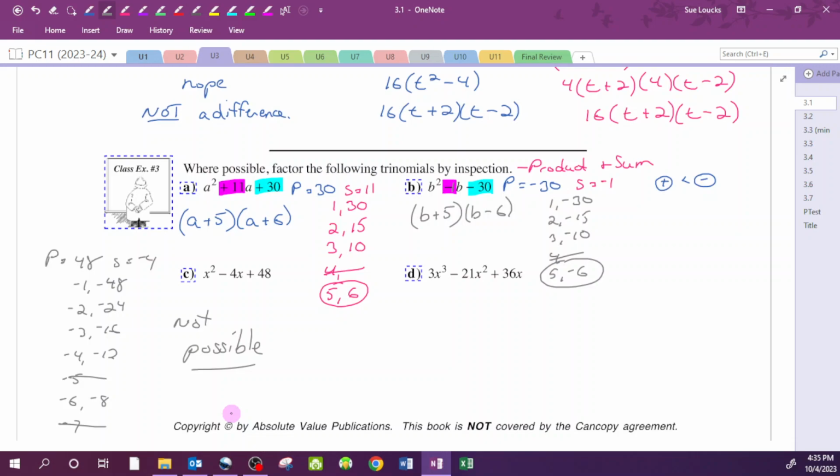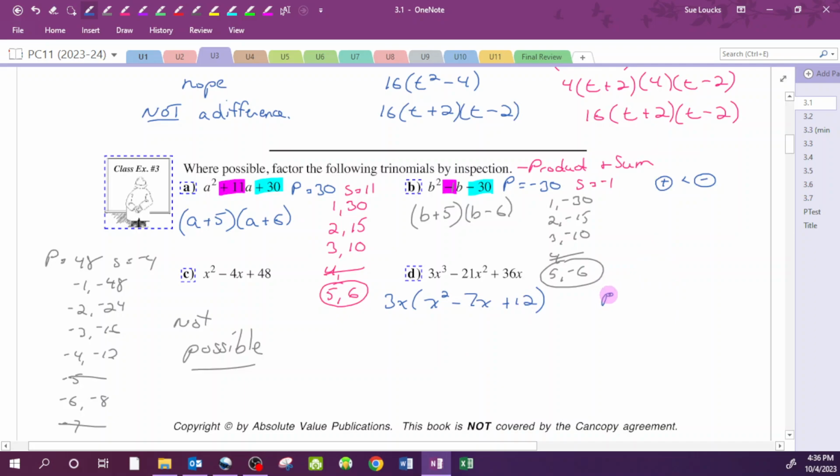All right. This one, the last example on this page, I actually have a common factor that I can pull out first. So I can factor out the 3x, and then I have x squared minus 7x plus 12.